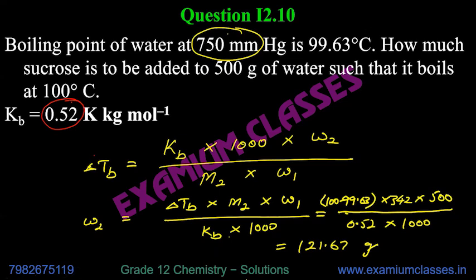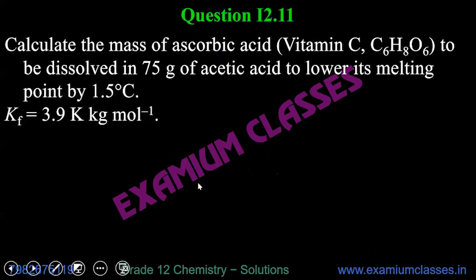Yes, Armina, correct. Next, calculate the mass of ascorbic acid to be dissolved in 75 gram of acetic acid to lower its melting point by 1.5 degrees Celsius.